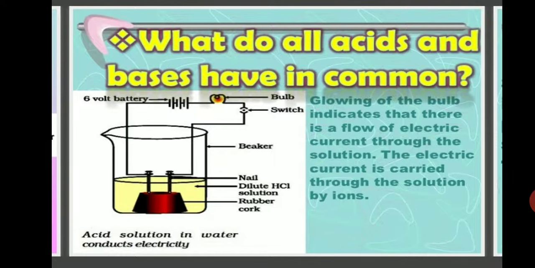Before that, let us look at this experiment. It is a familiar experiment you have studied in lower classes, the conductivity. In this experiment, I am going to take a beaker and take dilute solutions of hydrochloric acid, fix two small nails of iron in a rubber cork and place the cork in the beaker as shown in the figure.